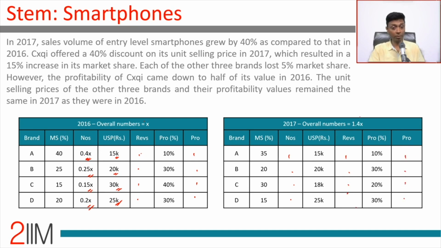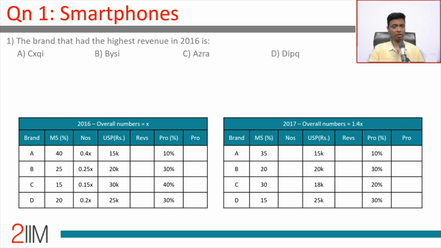But I'm going to go step by step, question by question. Maybe we'll need to fill all the numbers, maybe we won't need to. Fine, let's go step by step and look at the questions. The brand that had the highest revenue in 2016: 0.4 into 15K, this is 6XK, 0.25 into 20, 5XK, 0.15 into 30, 4.5XK, 25 into 0.2, 25 into 2 is 10, this is 5XK.